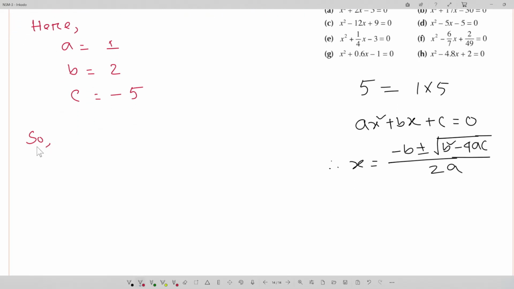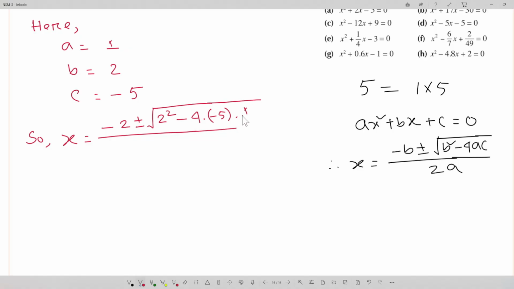So we can write x equals minus b, it means minus 2, plus minus root over b square, it means 2 square, minus 4 times c, minus 5, times a, which is 1, then 2a, 2 times 1.